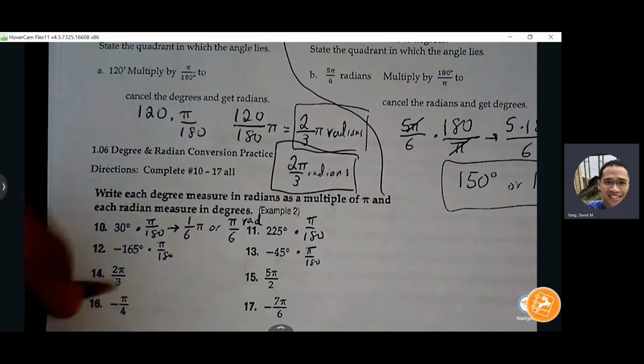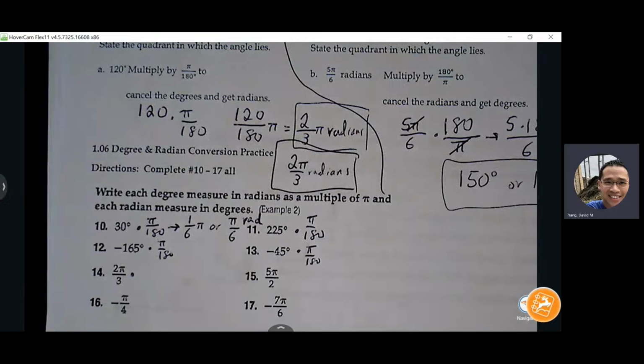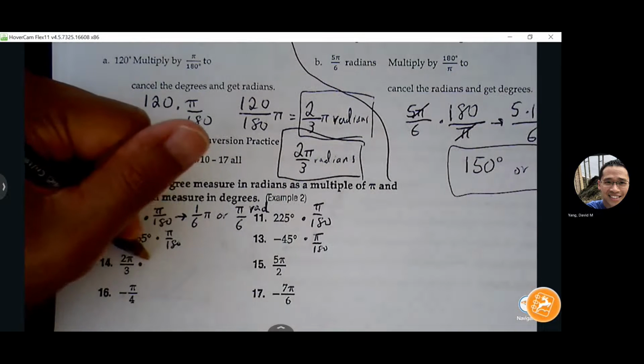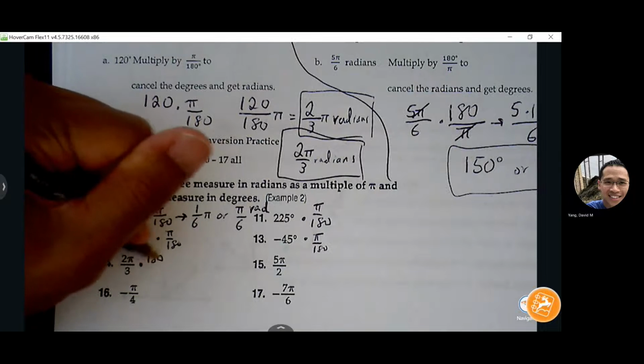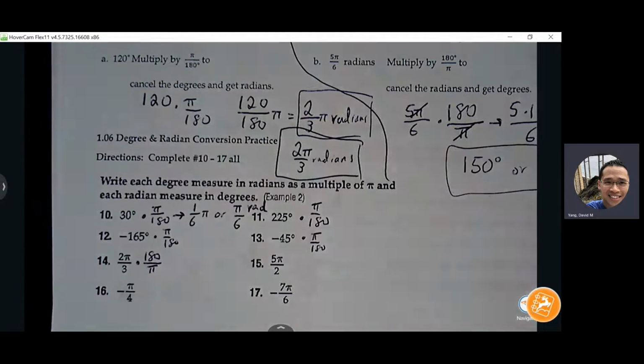But now we get to 14. We want to convert from radians to degrees. The conversion is a little bit different, right? So now it's times what? You're on the right track if you get the pi's to cancel out. So you want the pi's to be above each other so they can cleanly go away.